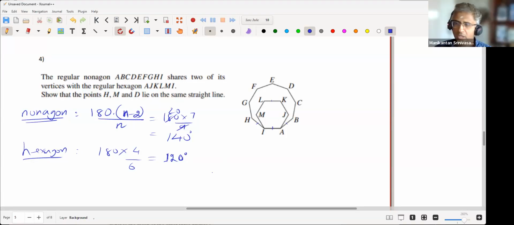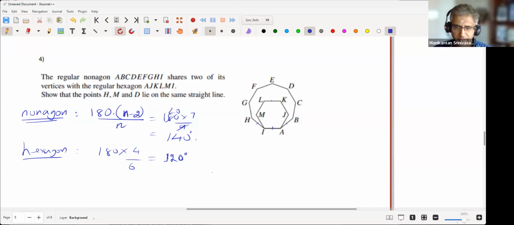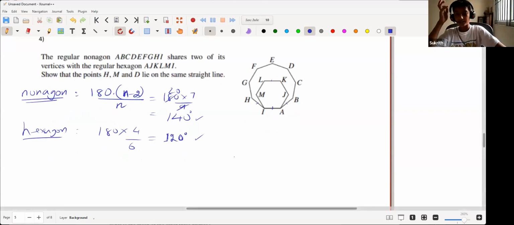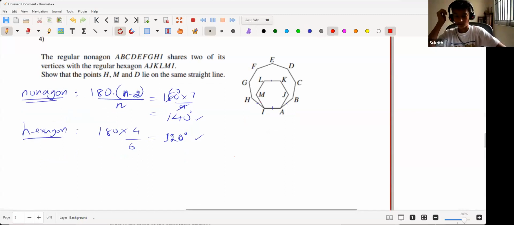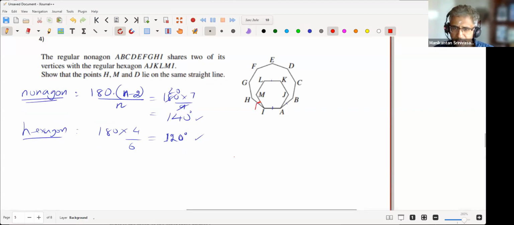Okay. So Sukrit, you had something to share? Sir, first I found the sum of all interior angles in both. So each one is 140 and 120. Till here we have covered. Then I did angle MIA, that's 120, and HIA is 140, and then HIM would be 140 minus 120, so the small angle is 20 degrees.